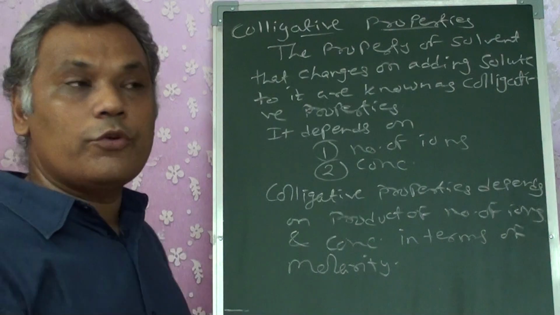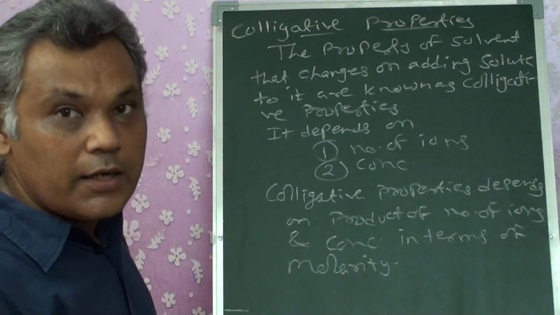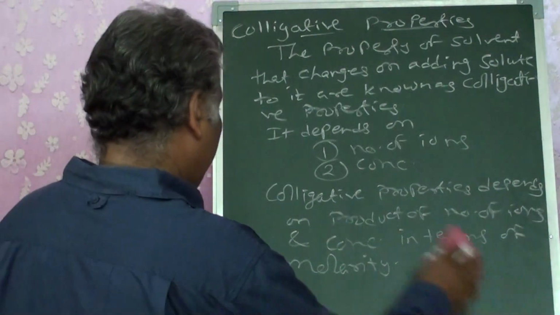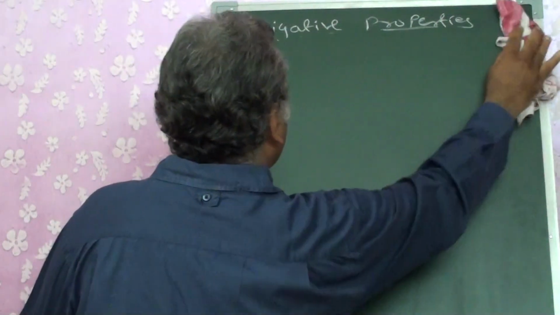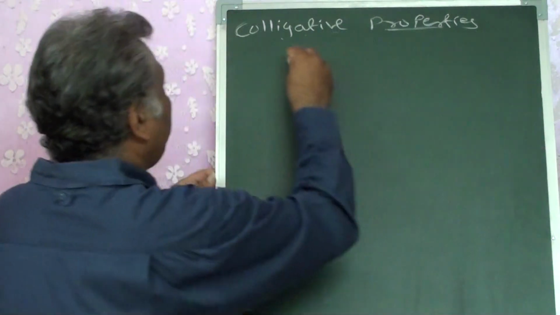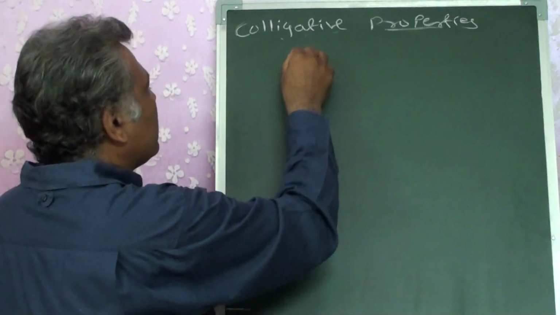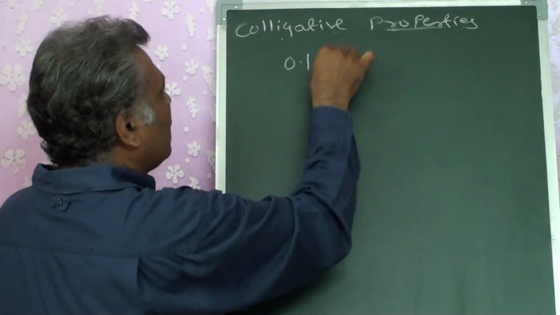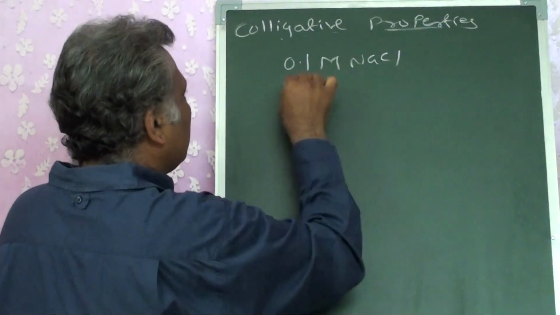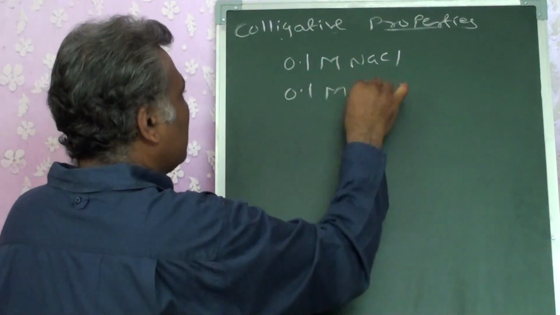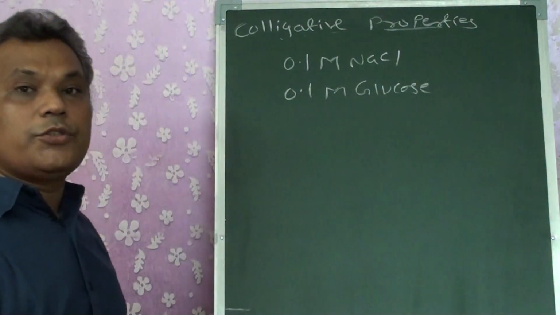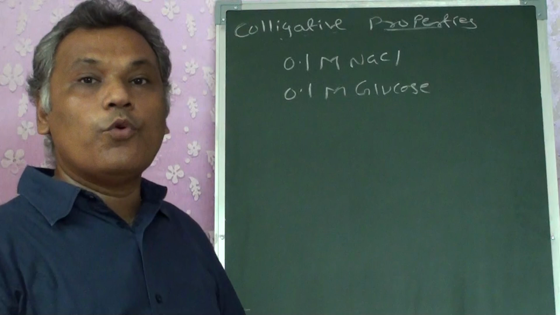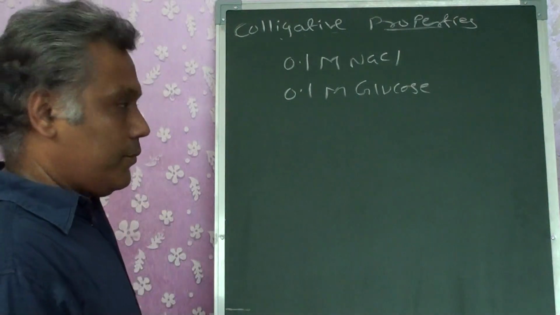Okay, let's try to understand the same thing with the help of an example, or a type of question that is generally asked in an exam. If I have 0.1 molar NaCl and 0.1 molar glucose, which of these two will show more change in the colligative property?